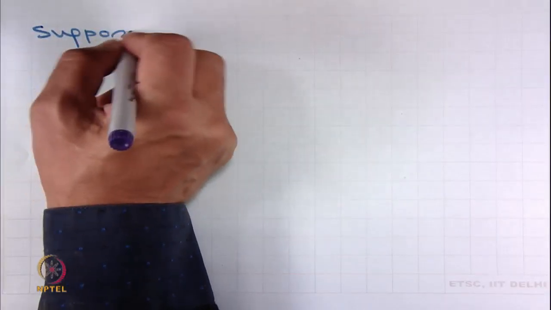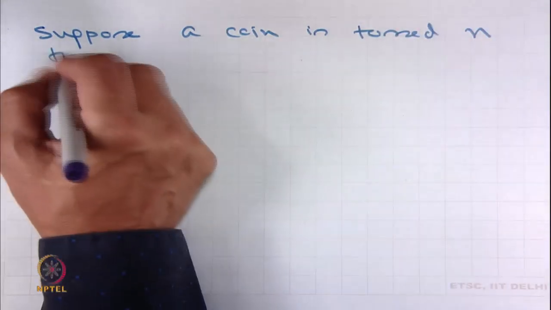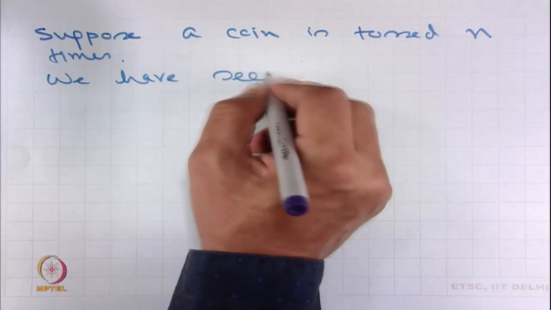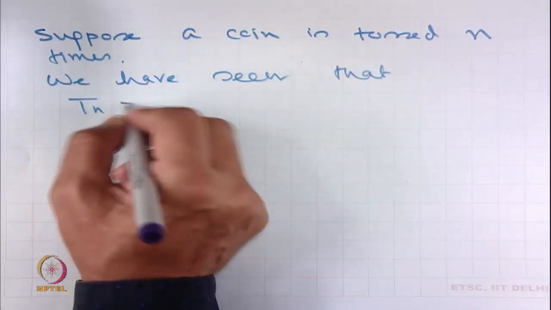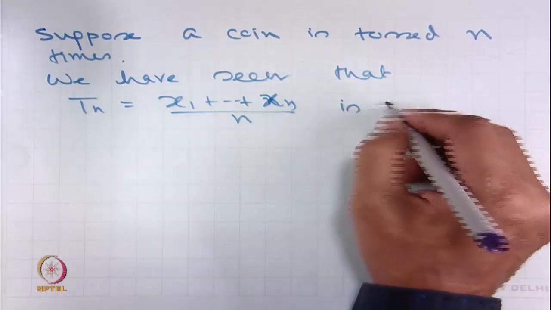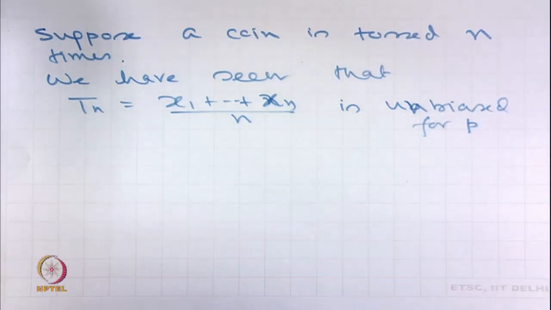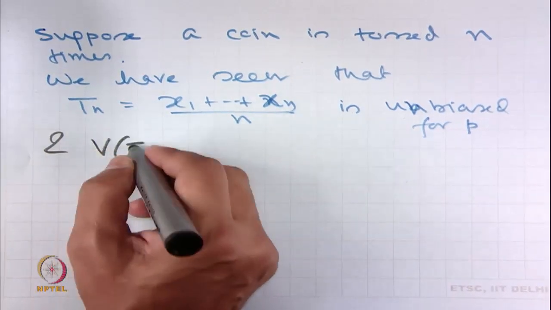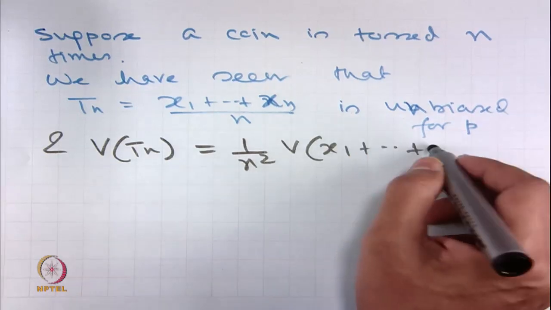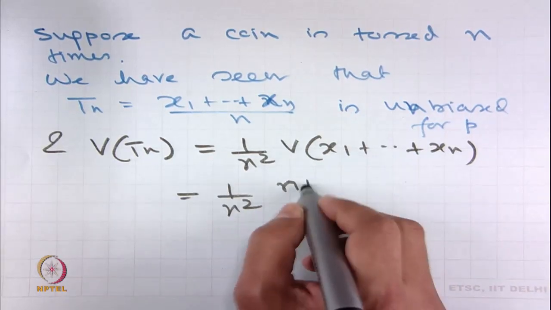Suppose a coin is tossed n times. We have seen T n equal to x 1 plus ... plus x n by n is unbiased for p, and variance of T n is equal to 1 by n square into variance of x 1 plus x 2 plus ... plus x n, which is equal to 1 by n square into n p q.